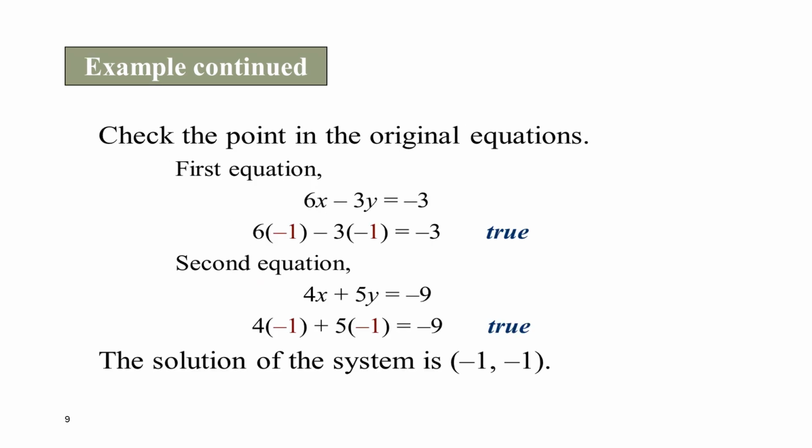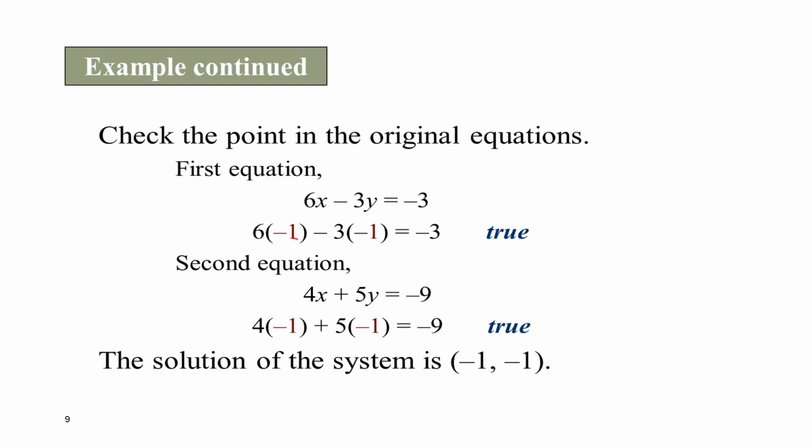Check the point in the original equations, first the first equation. We have negative 1 for x and negative 1 for y. So 6 times negative 1 is negative 6, plus negative 3 times negative 1, which is positive 3.